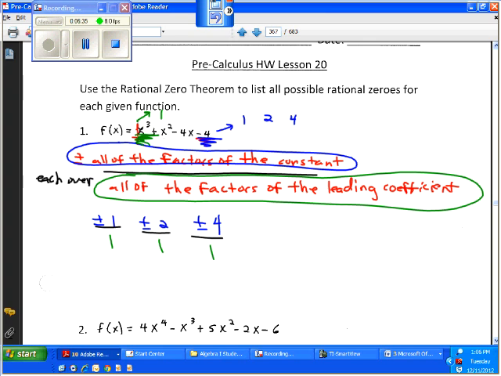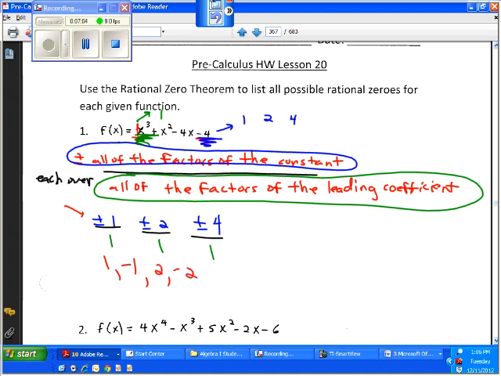Now, here are our combinations. If we take this situation right here, we're going to do plus 1 over 1, minus 1 over 1. But if it's a whole number, we're going to turn it into a whole number, okay? So we're going to have positive 1 over 1, which is positive 1. Negative 1 over 1, which is negative 1. Positive 2 over 1, which is positive 2.